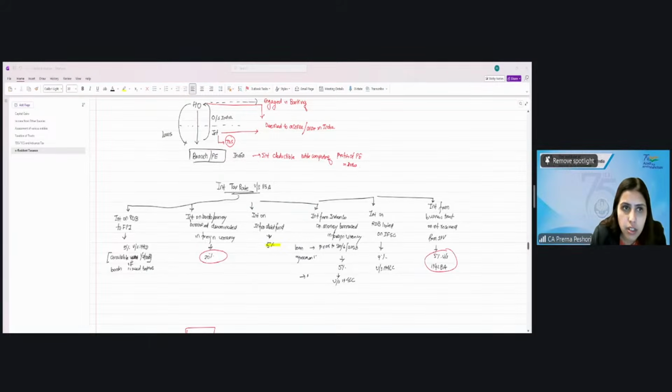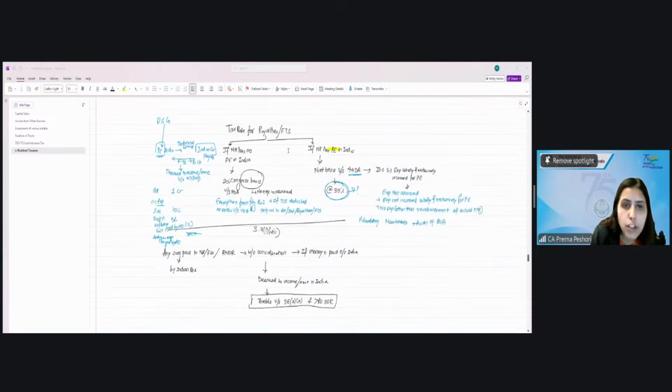Are we getting it? So in case of royalty or FTS, you have an option to pay the tax at 20% on gross basis if you do not have a PE. And if the non-resident has a PE, you can pay it on net basis, that is income minus expenditure wholly and exclusively incurred for the PE.